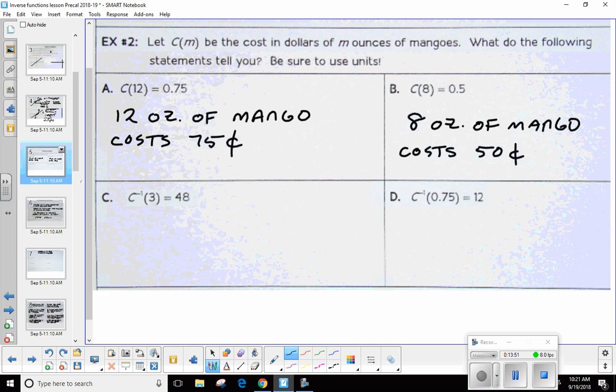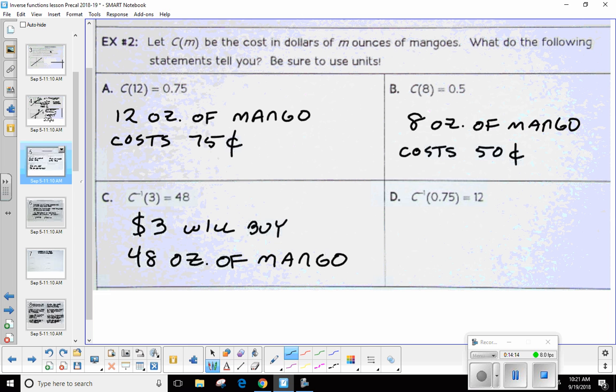This time I'm plugging in the cost to get a certain number of ounces of the mango. So on C, I might go ahead and say something like, how much money is that? $3. So I might say $3 will buy 48 ounces of mango.